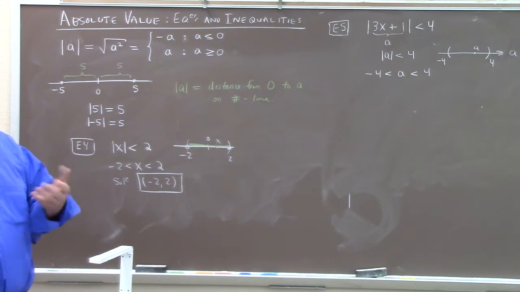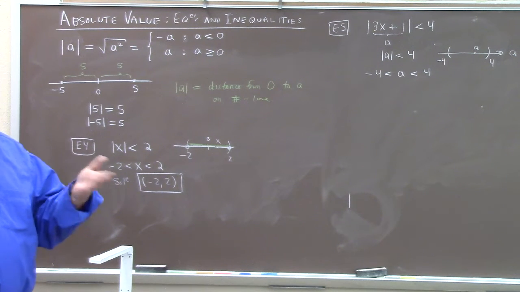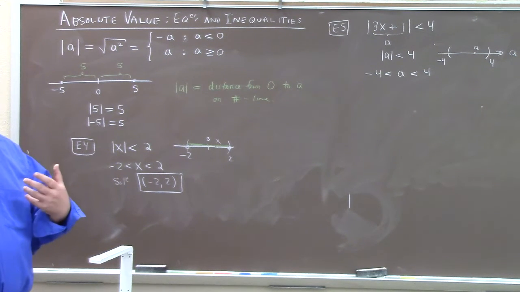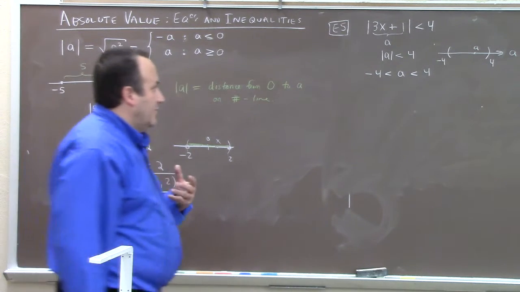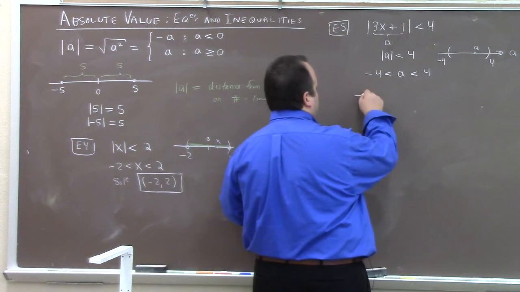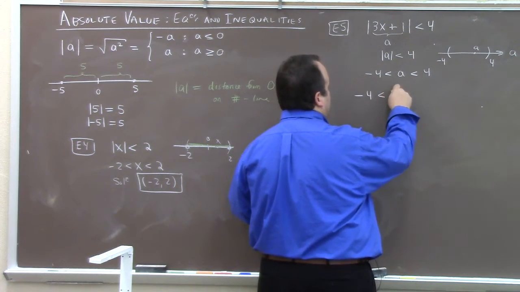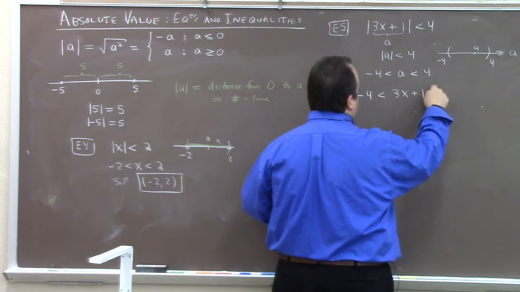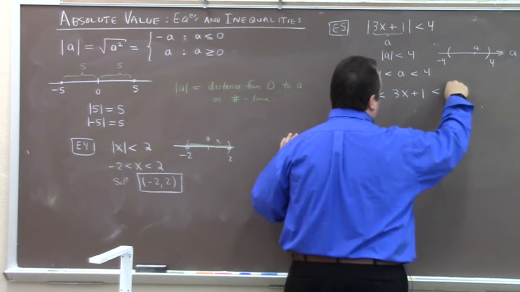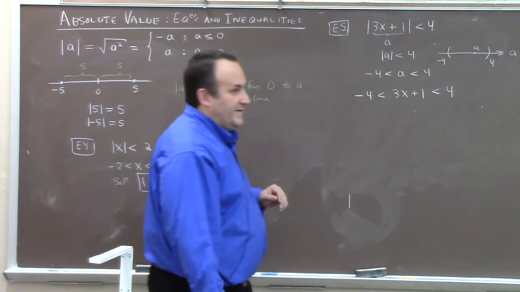But we don't care about a. It's just something we made up as a discussion tool. We're actually interested in x, so what we're really facing here is minus 4 is less than 3x plus 1 is less than 4. That's actually the problem we face.